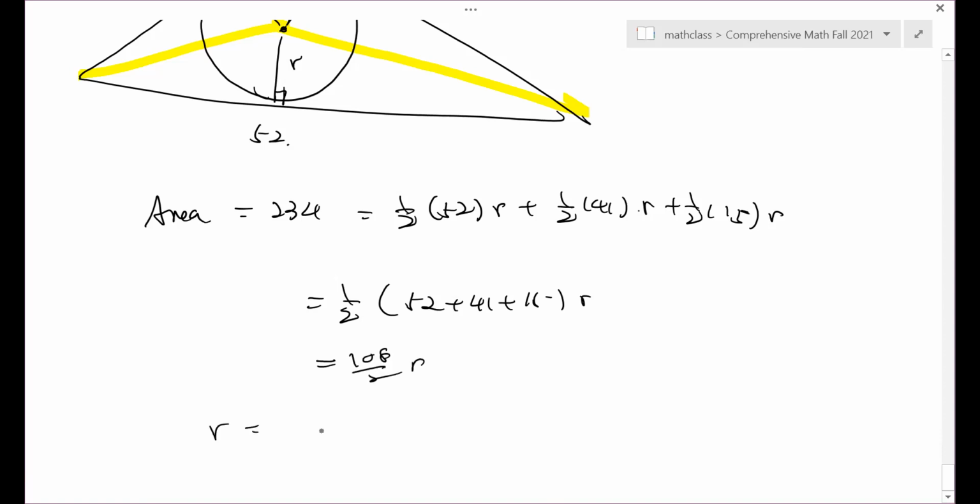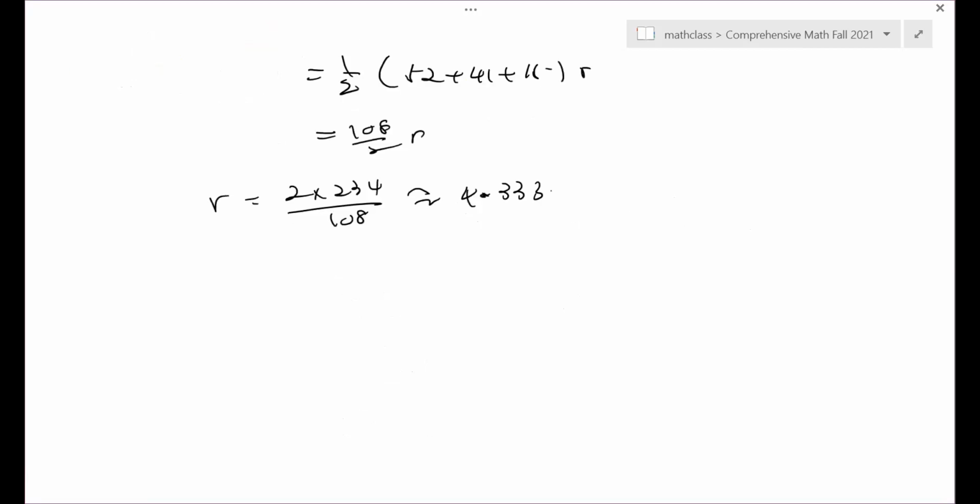So r is going to be 2 times 234 divided by 108. Let's see, what do we get? 234 divided by 108 is about 4.33. All right, you can simplify the fraction if you want.